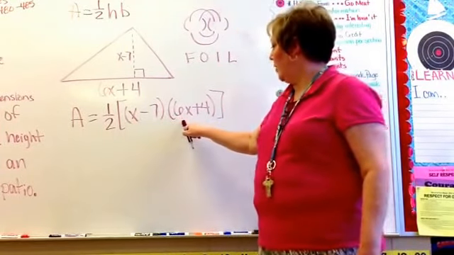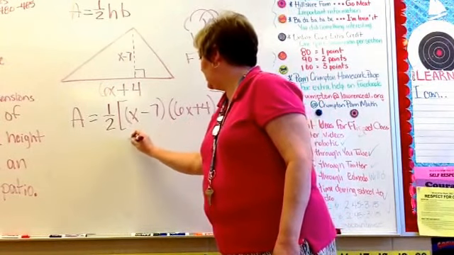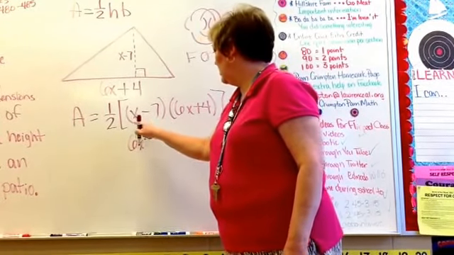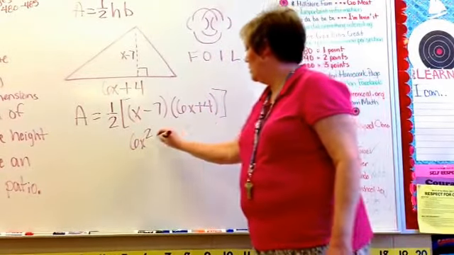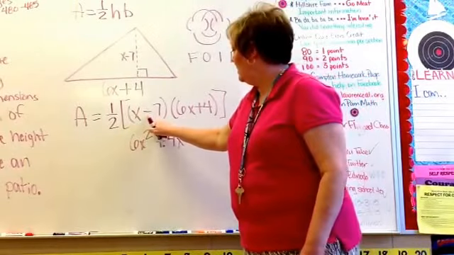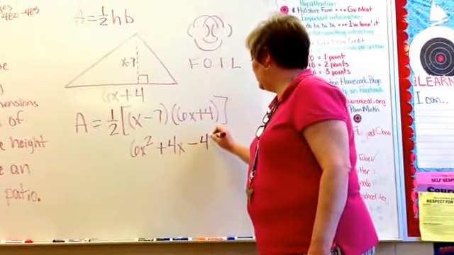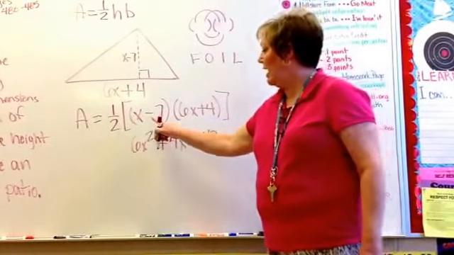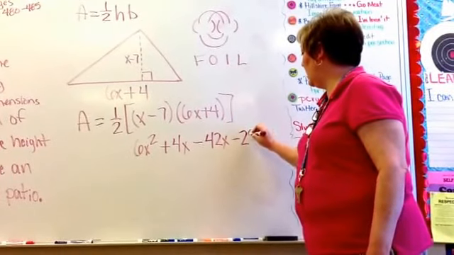First times first would be x times 6x, that would be 6x squared. Outside, x times 4, 4x. Inside, negative 7 times 6, that would be negative 42x. Last, negative 7 times 4 would be negative 28.